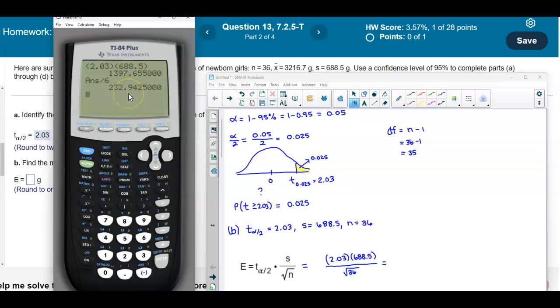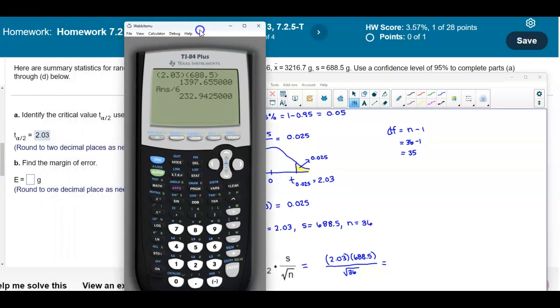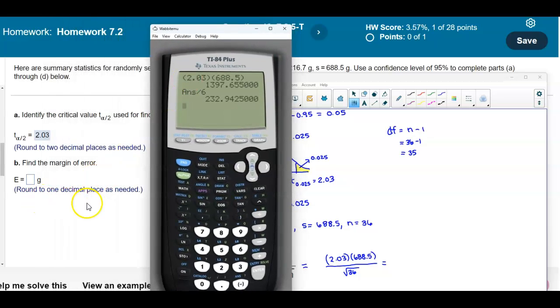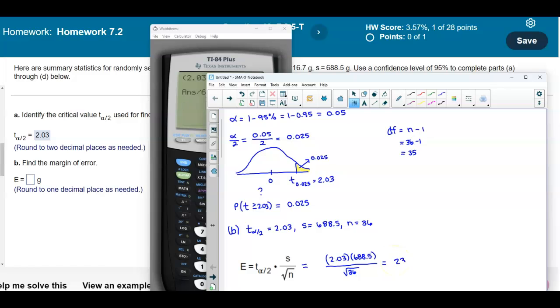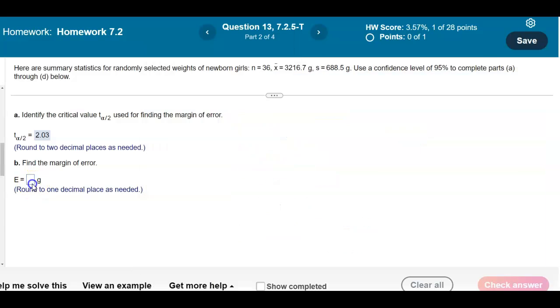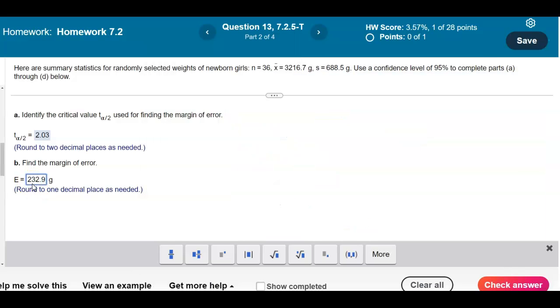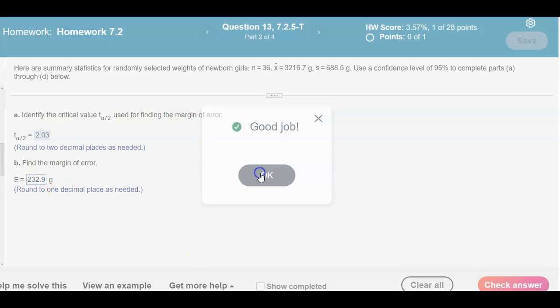That is the margin of error. It says to round to one decimal place as needed, so this becomes 232.9. Let's check our result: 232.9, and there's our answer.